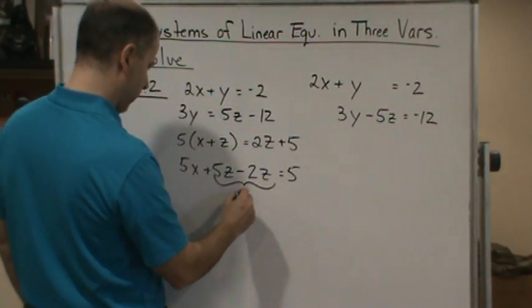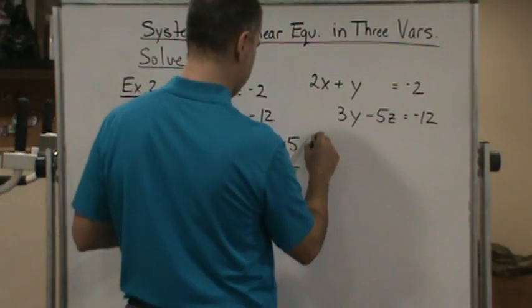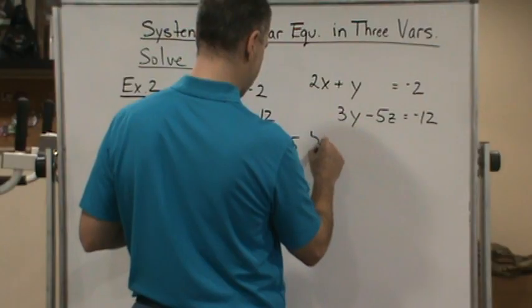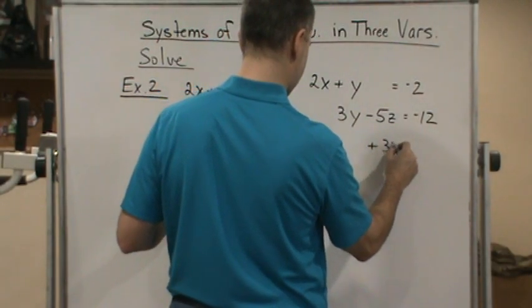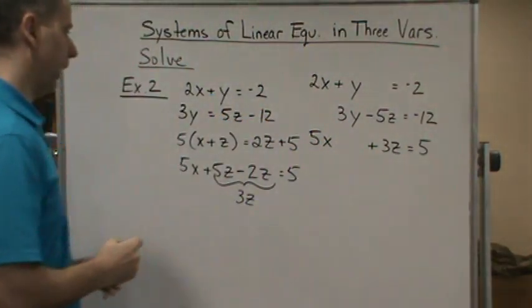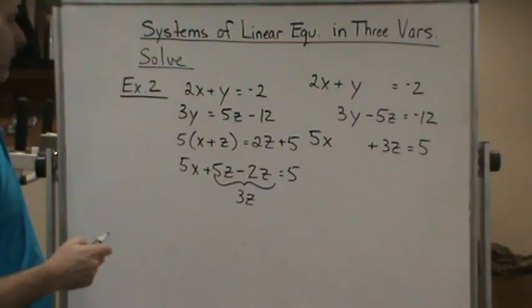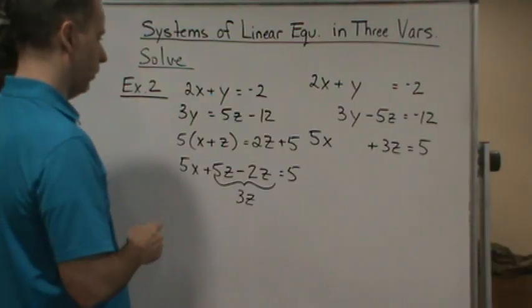So this is going to be 3z. So in this case here, it's going to be 5x plus 3z equals 5, okay? And so that's my system of equations that I have, okay?